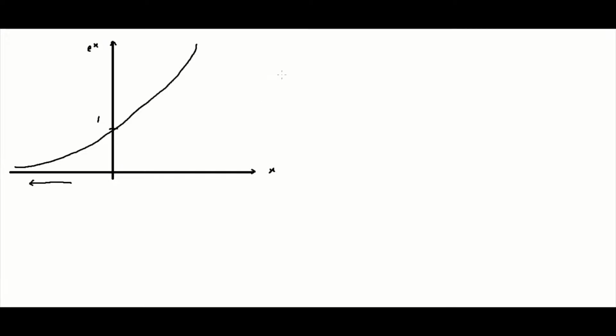When x approaches negative infinity, moving on from negative 5, negative 10, negative 15, negative 20, what can you see? The line will keep getting nearer and nearer to 0. So when x approaches negative infinity, e power x is approaching 0.